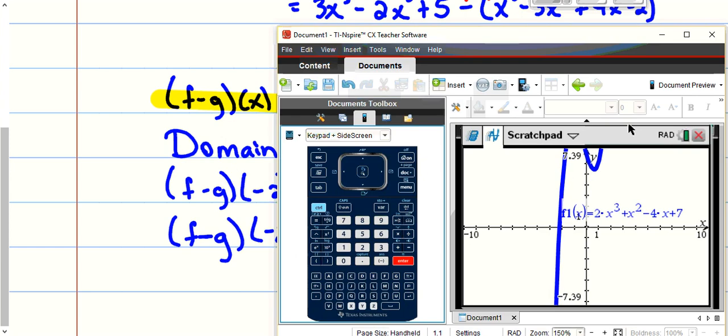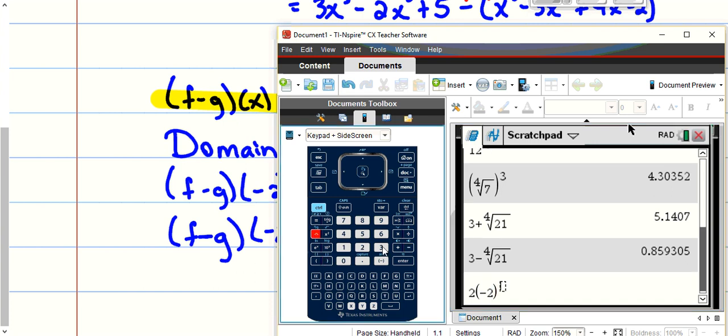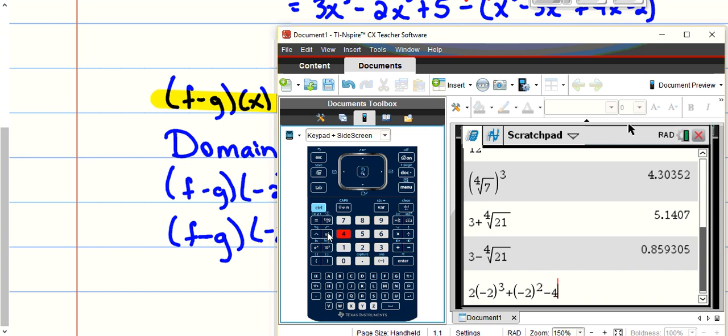So when we do that, plugging this into our calculator, we have 2 times negative 2, I put the dot, I'm sorry, negative 2, that is cubed, plus parentheses negative 2 squared, minus 4.